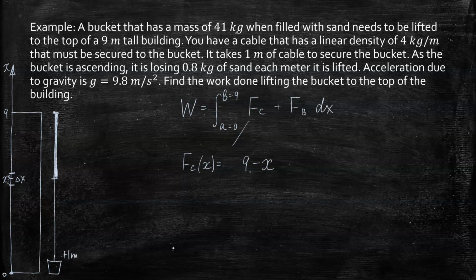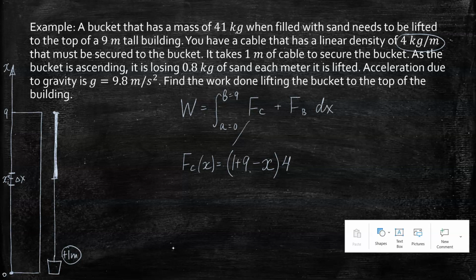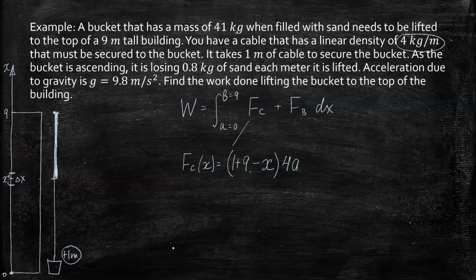But we have an extra 1 meter always, so it's going to be 10 minus x. And we're going to multiply the length by the linear density. That's the mass of the cable. And to find the force, we're going to multiply it by the gravitational constant g. So this is the relation between the force needed to lift the cable when the cable is x units above the ground. Now, for the bucket, we're going to be doing the same thing.